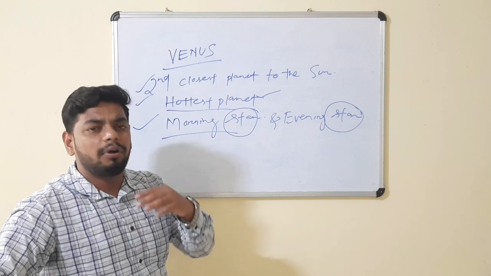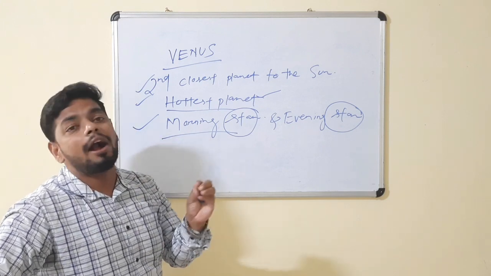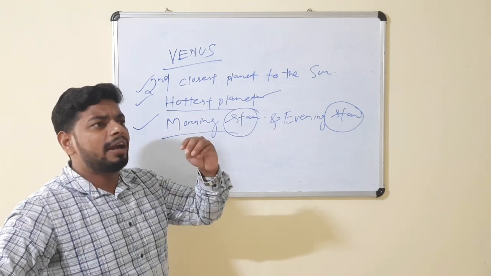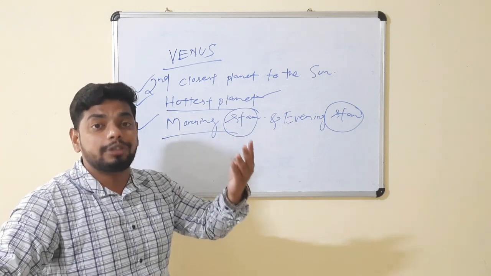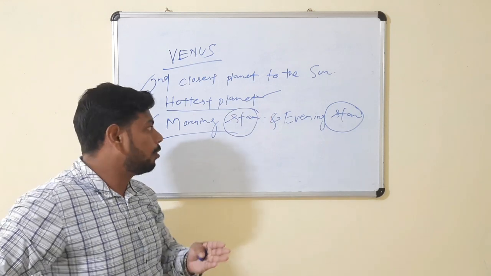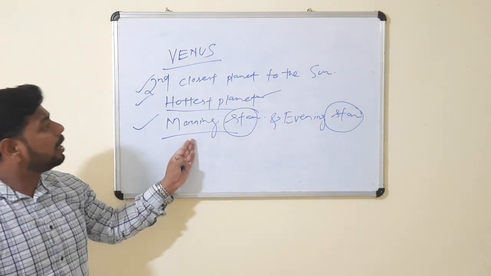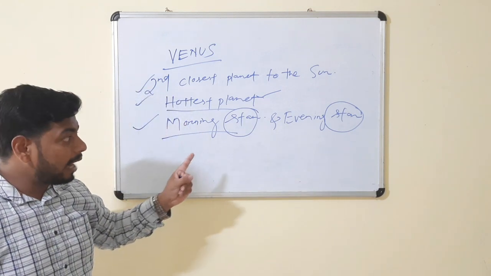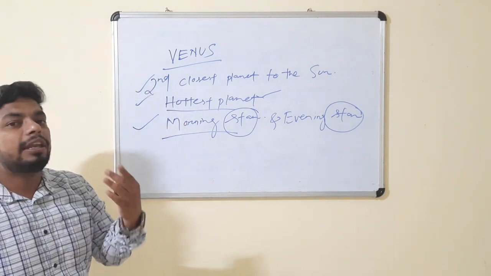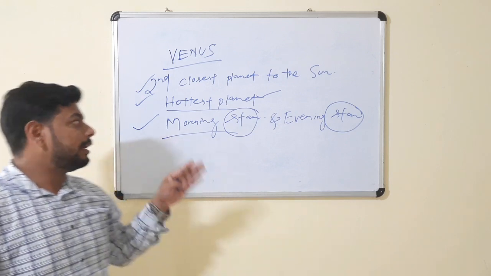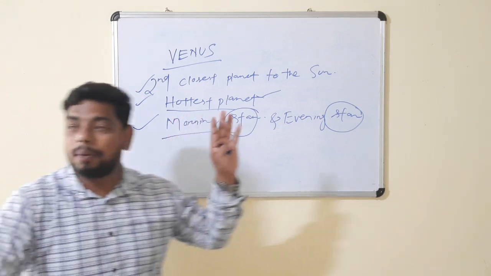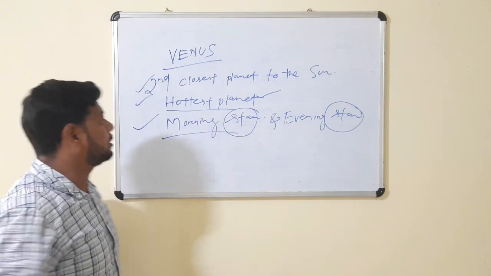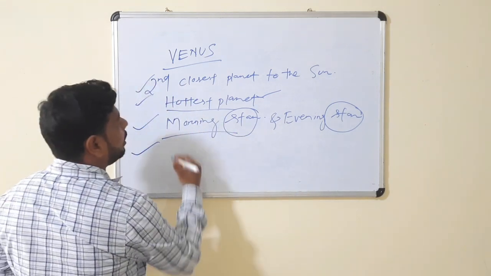Even to the naked eye, it is the third brightest object in our solar system, after the sun and moon. Before sunrise, if any object is seen in the sky, that is Venus, and after sunset, if anything is seen, that is Venus. That is the reason it is called the morning star and evening star.